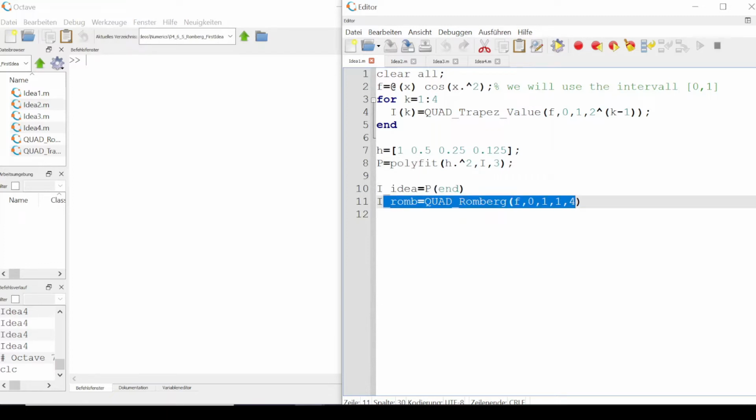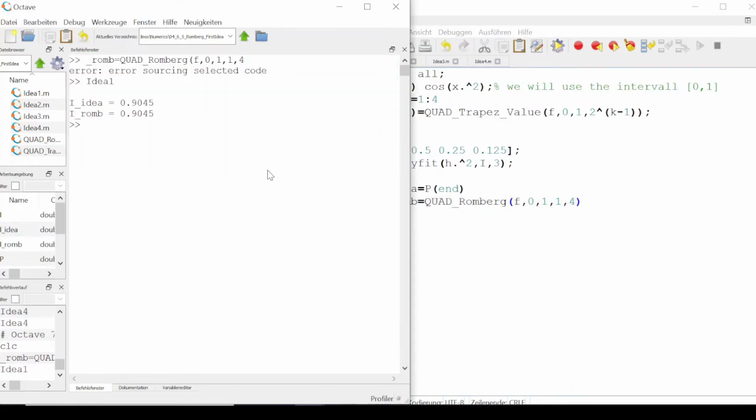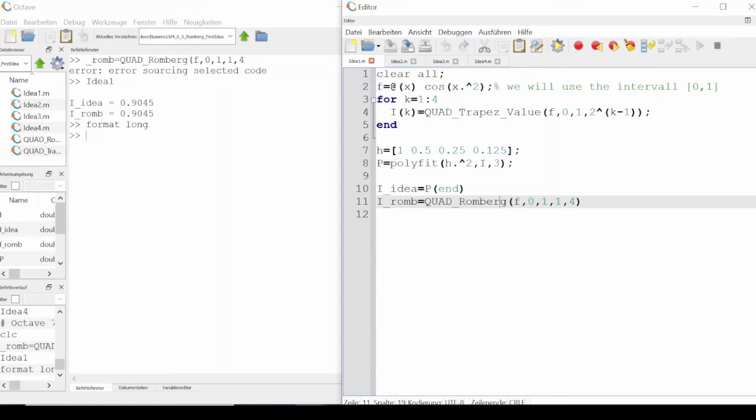So let's run that code, but it's no surprise what we will see. We see the 2 values are equal. But okay, let's use format long, then it's more convincing. Now let's run, and we see all digits are equal. So this is a very, very strong hint.